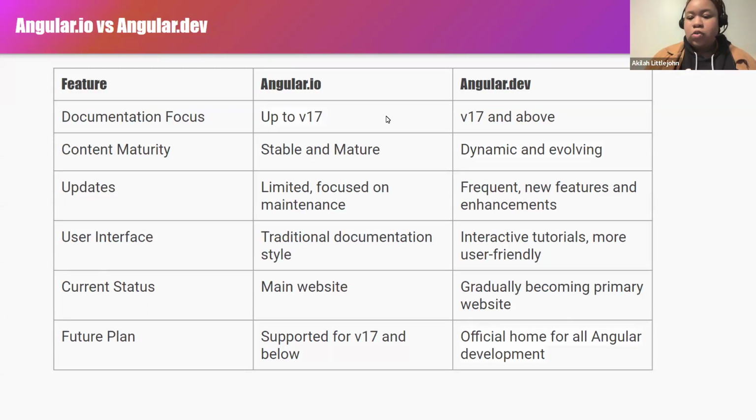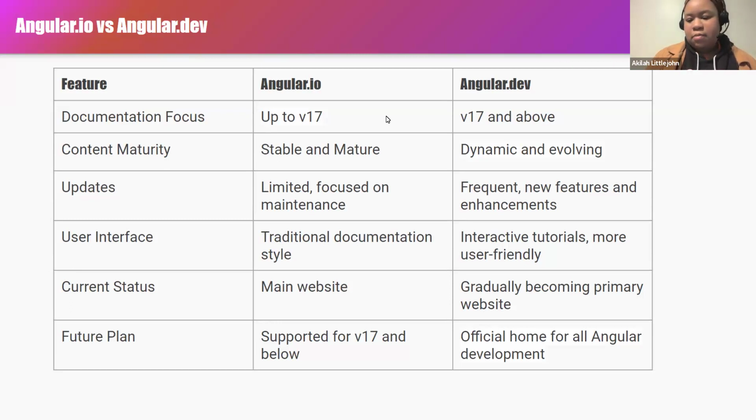It's stable and more mature, which means it has been maintained the longest. Angular.dev is still dynamic and evolving. They're still getting feedback. It's very new. If you read it, it's still in beta. So it's changing. It's not as stable as the content on Angular.io.